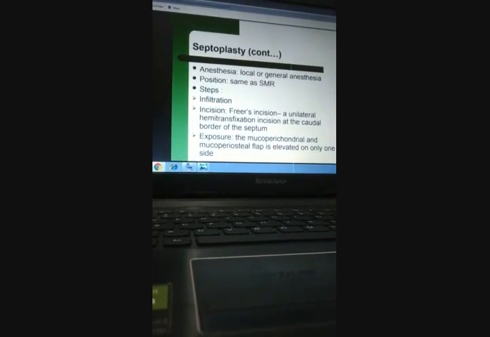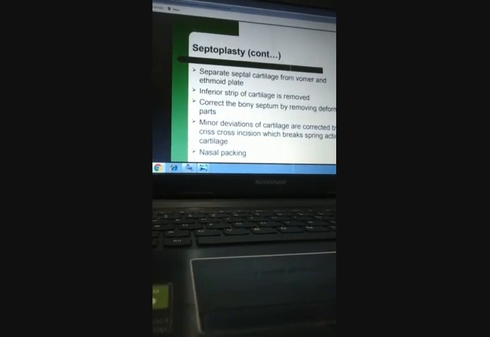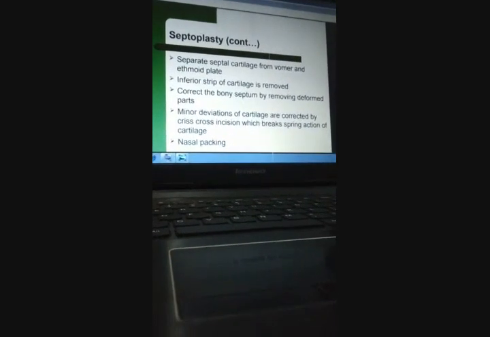Here the exposure of the views, here the mucoperichondrial and mucoperiosteal flap is elevated on only one side here.